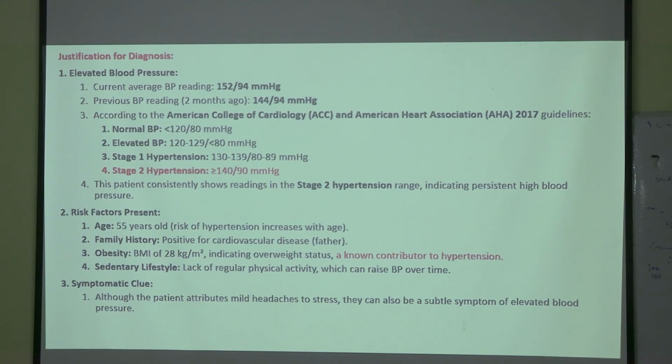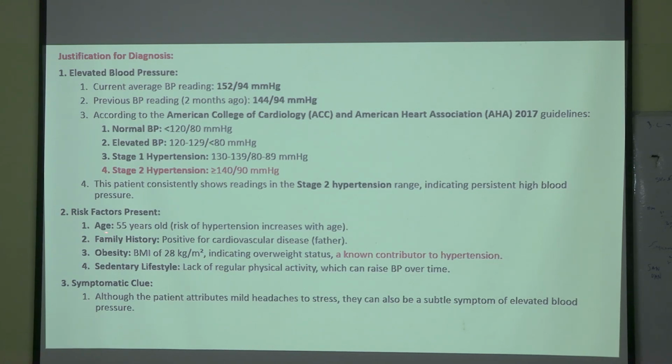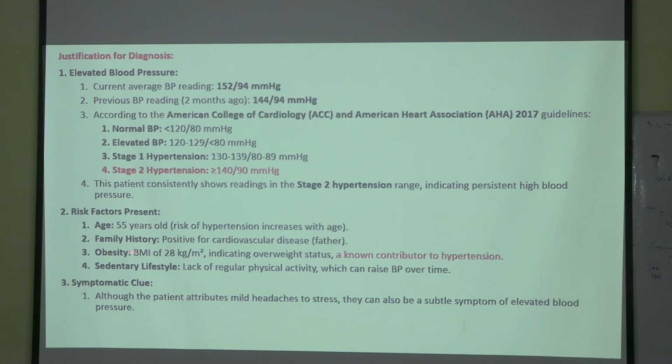Now what are the other factors that may correlate with the development of this, or that may act as justifications for our diagnosis? That is age, family history, the BMI status, and lifestyle. The person is not of young age, right?